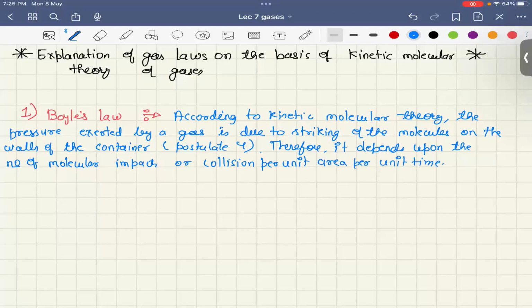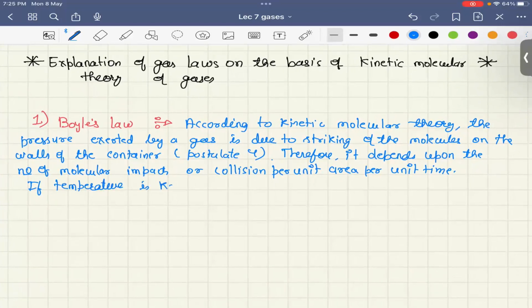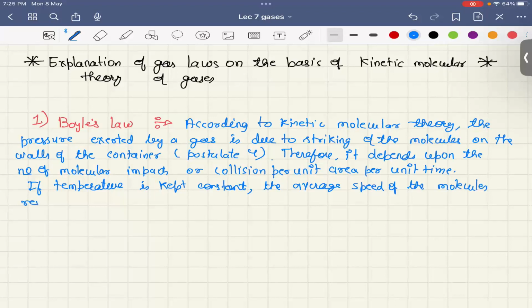Now, if temperature is kept constant, then the average speed of the molecules remains the same, as half m v square is directly proportional to temperature.